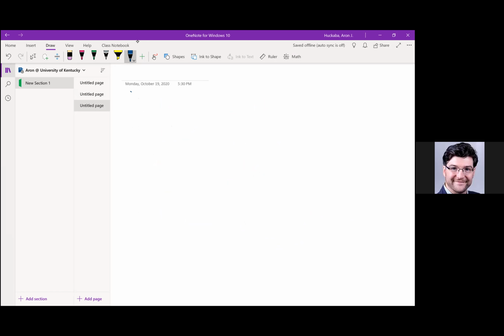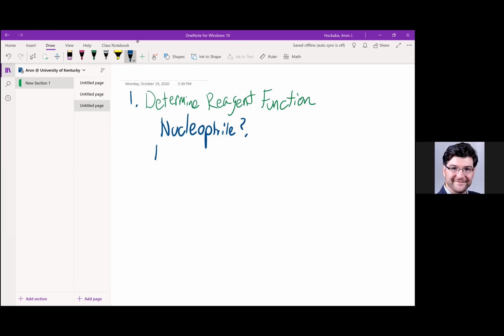So let's go back real fast to the first step, which was to determine reagent function. Like I said, is this a nucleophile? Or a base? We leave out electrophile because we know it's substitutions.